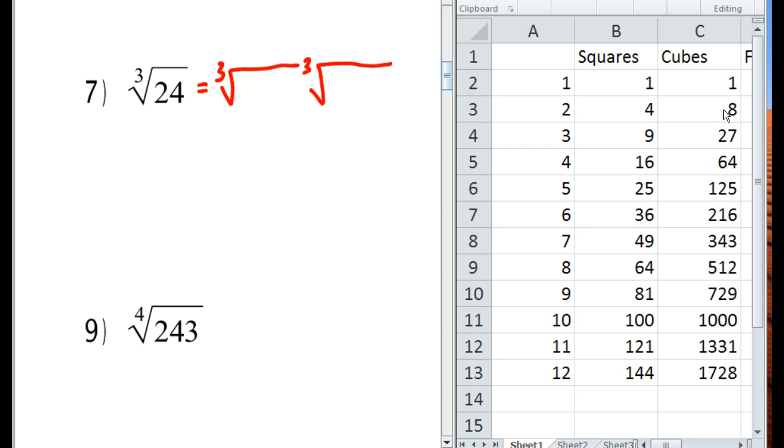Yeah, multiple of 8, right? So 8 times what? 8 times 3 is 24. And what's the cube root of 8? Yeah, 2. Cube root of 8 is 2. So we have 2 times the cube root of 3. Can't take the cube root of 3.